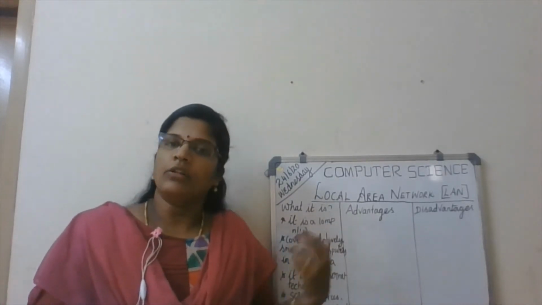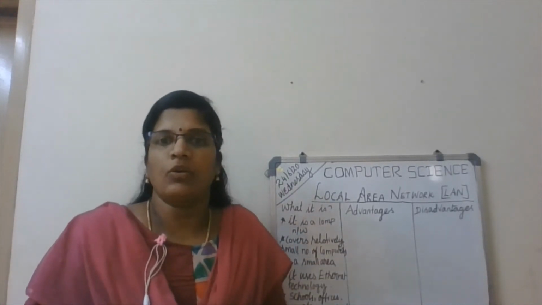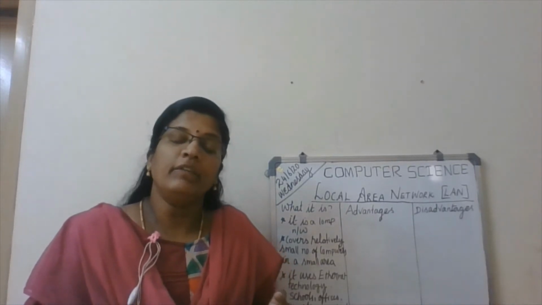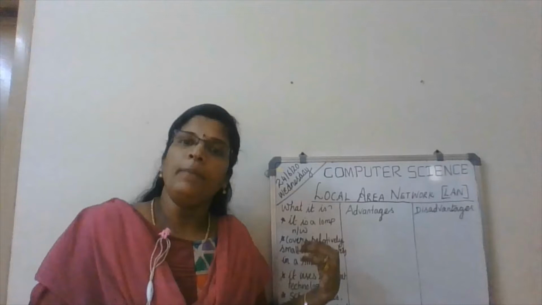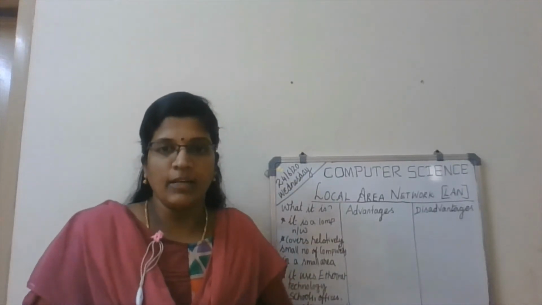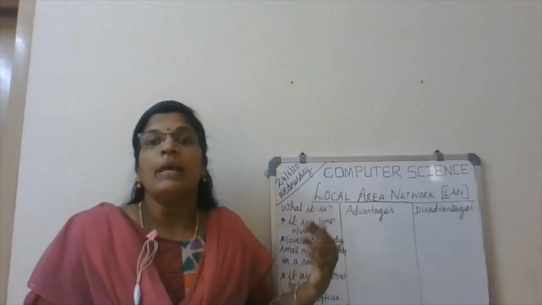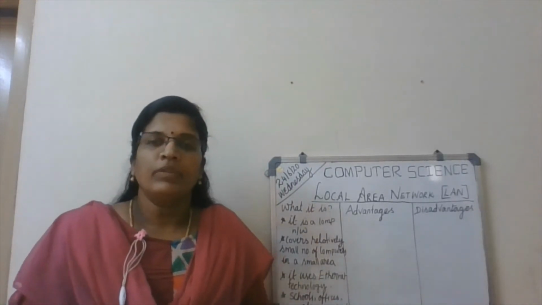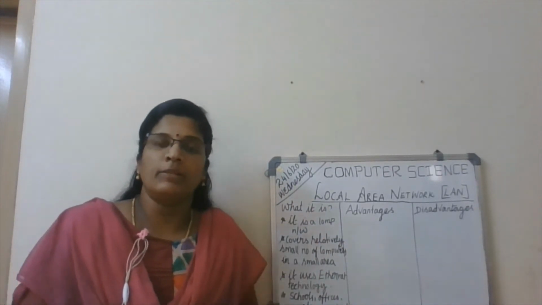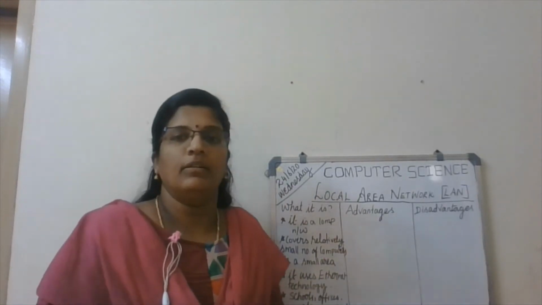Then the cost of setup is going to be less, comparatively less than MAN and WAN. And it's better than PAN. In a PAN, within 10 meters only we can connect devices, but in LAN we can connect devices within a building. So the distance is comparatively better in LAN.